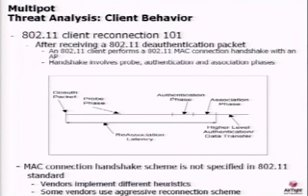Looking at the picture which explains this in a slightly more detailed way, after receiving a deauthentication packet, the client enters a probe phase wherein it visits various channels and tries to compile a list of APs that are available. And it uses some logic to determine which AP it needs to connect to.